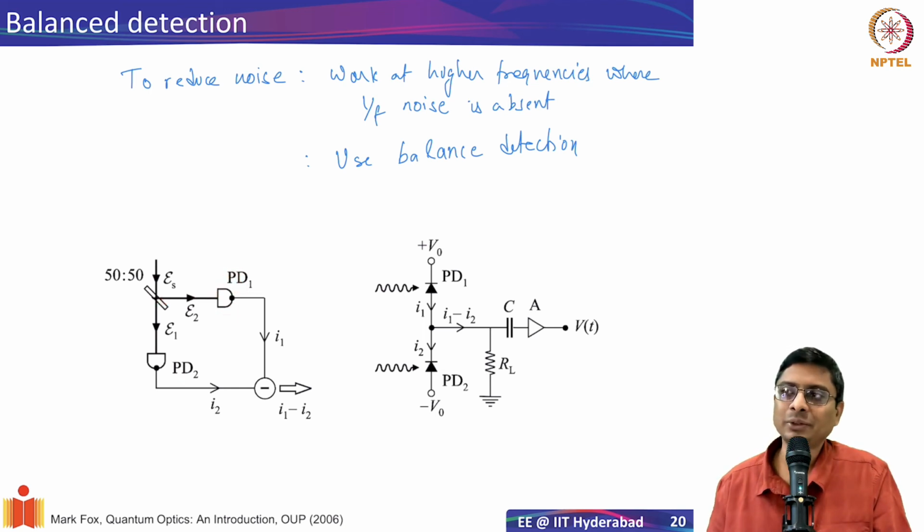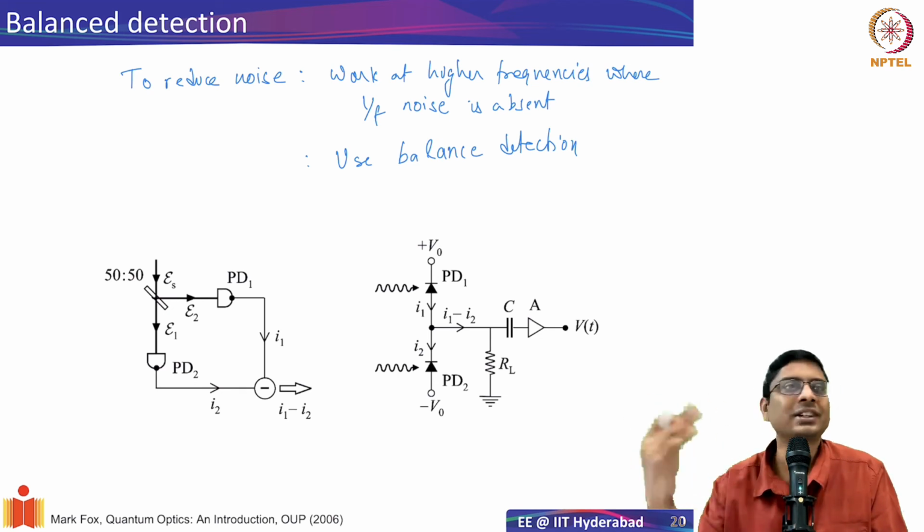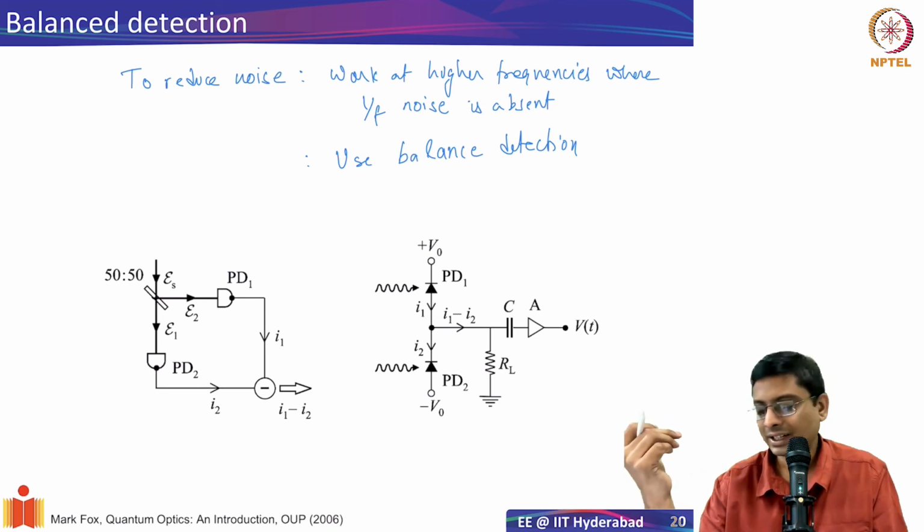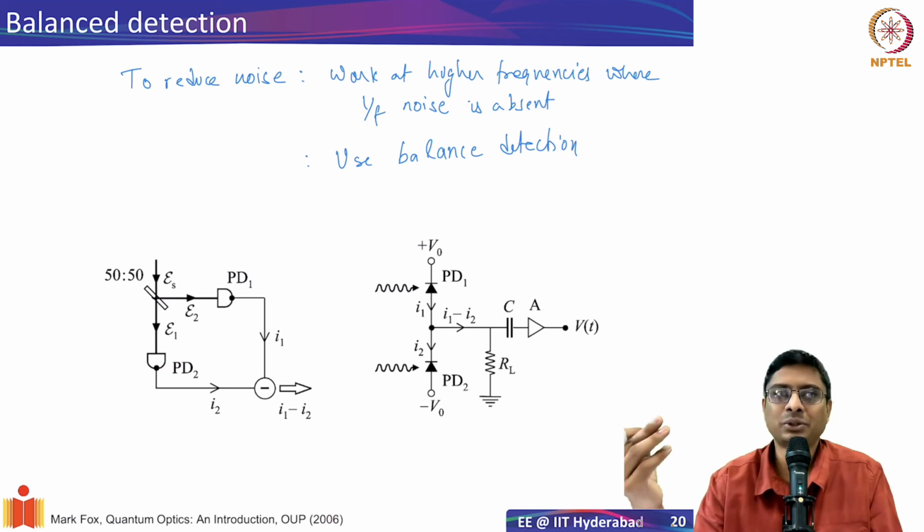I take the photocurrents I1 and I2 generated from each of them, and then I subtract them. When I subtract, all the common noise factors, like classical noise due to external factors, get averaged out. What you're left with is essentially shot noise. So that's one way we can try to measure at the shot noise limit.